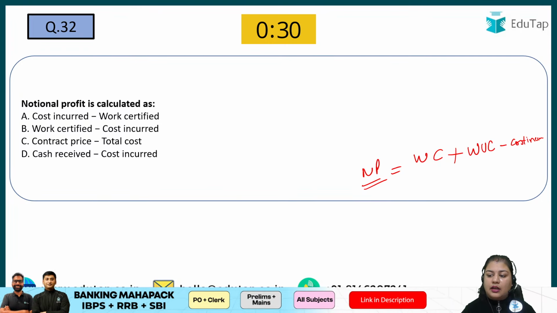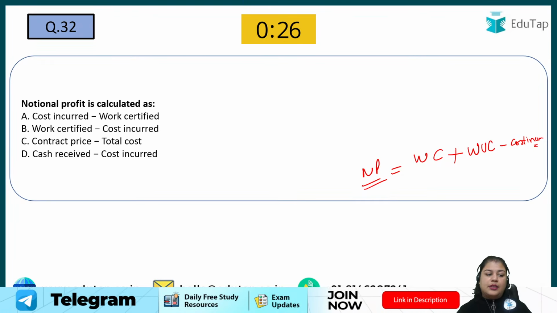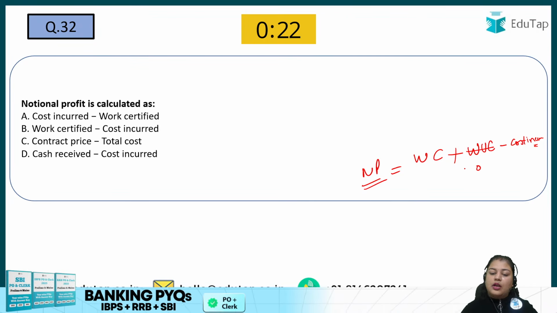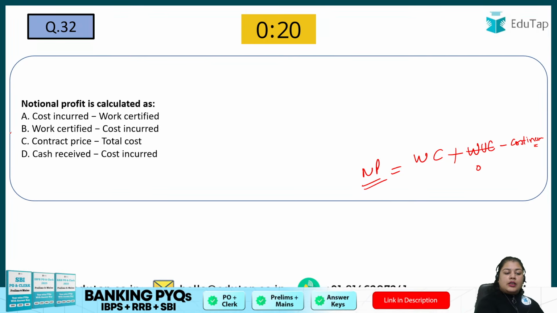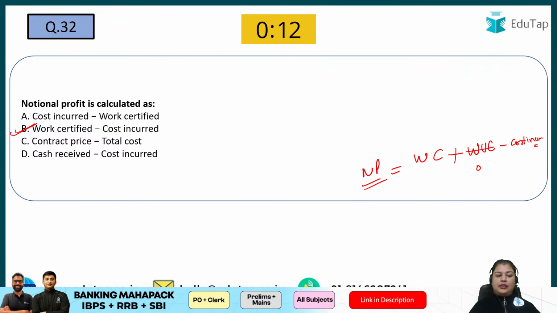But because इस केस में हमें क्वेश्चन के हिसाब से भी देखना है, यहाँ पे सिर्फ वर्क सर्टिफाइड दे रखा है, तो हम मान लेंगे कि वर्क अनसर्टिफाइड जीरो होगा. So work certified minus cost incurred. Everybody has answered it correctly, that is right. Option B, work certified minus cost incurred.